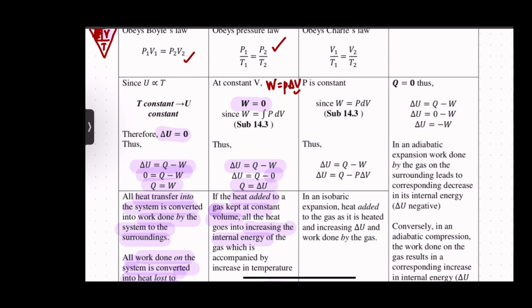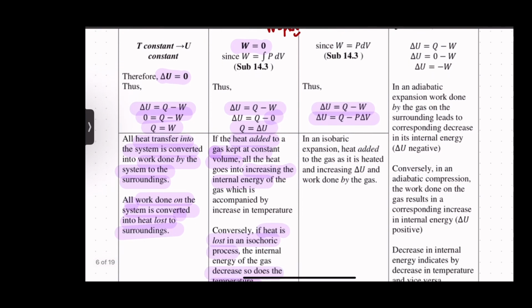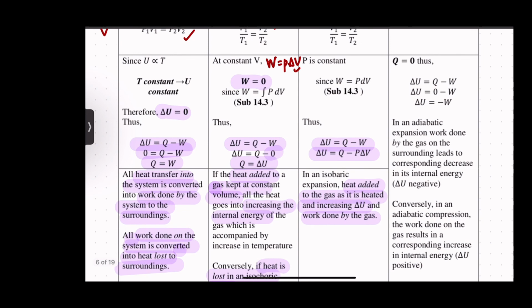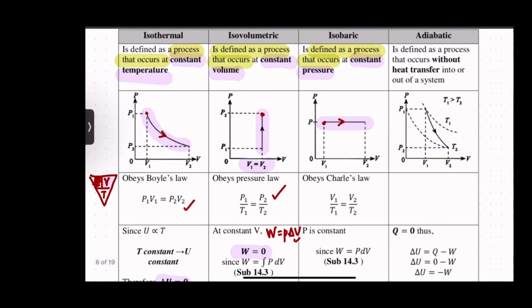Okay, based on equation of thermodynamic, so delta U is equal to Q minus W. So delta U is equal to Q minus P delta V. Dia ada semua. Okay, so in isobaric expansion, heat added into the gas is heated and the increasing delta U and the work done by the gas. Maksudnya dia ada semua.